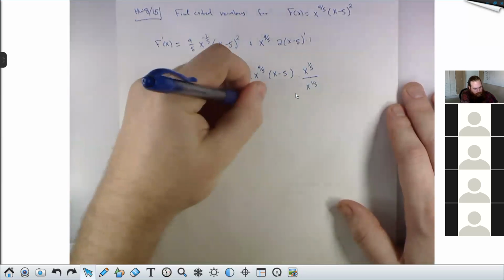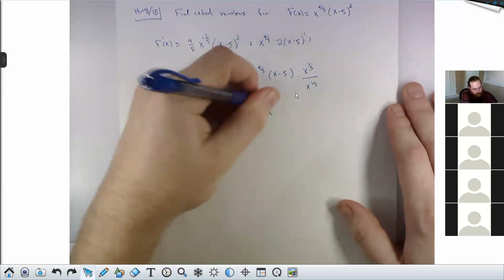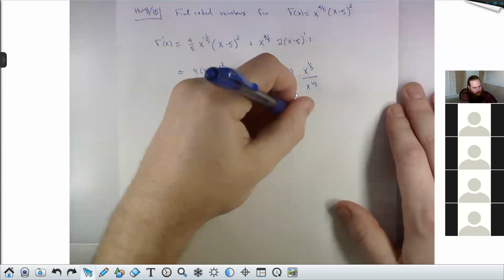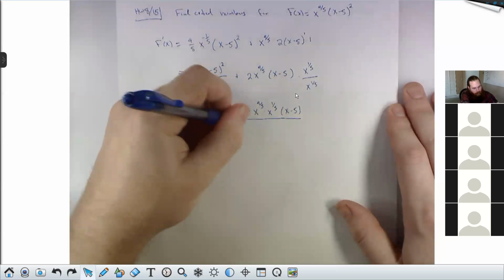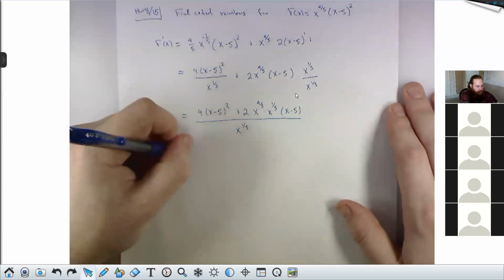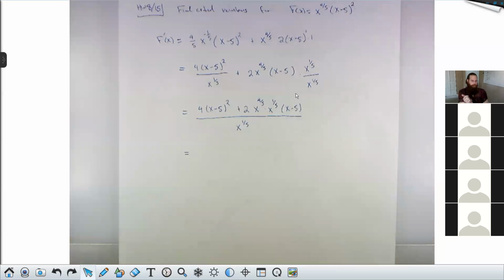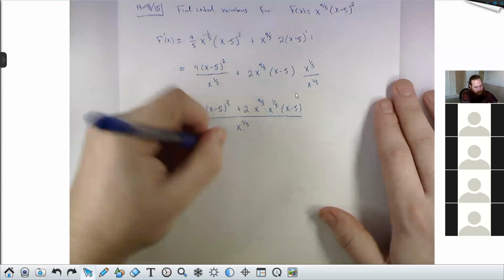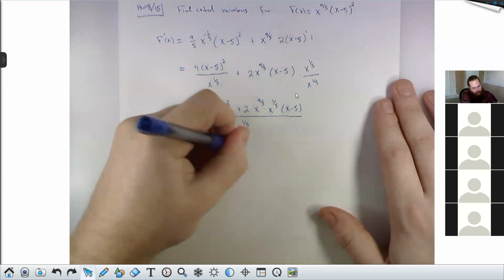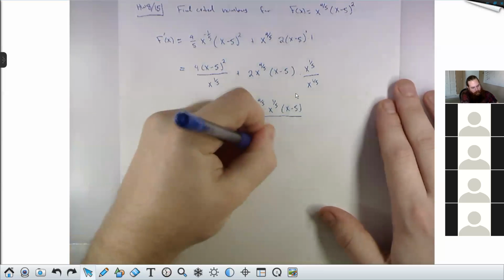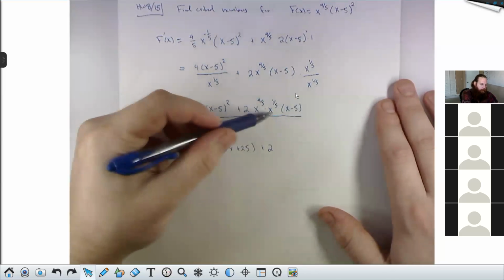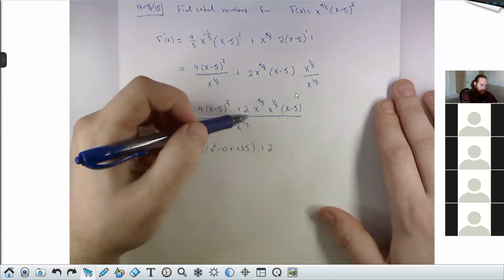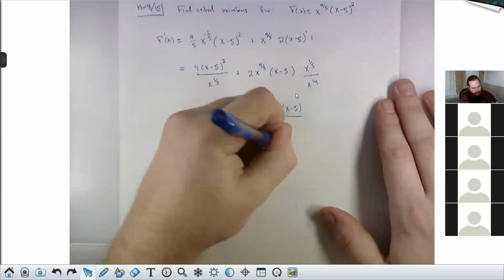I'll group these terms, x to the 4/5 times x to the 1/5 times (x minus 5), all over x to the 1/5. This piece is 4 times (x squared minus 10x plus 25) plus 2 times x to the 4/5 times x to the 1/5, which is x to the 4/5 plus 1/5, which is x to the 1.